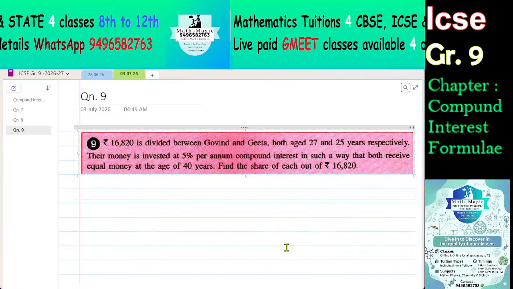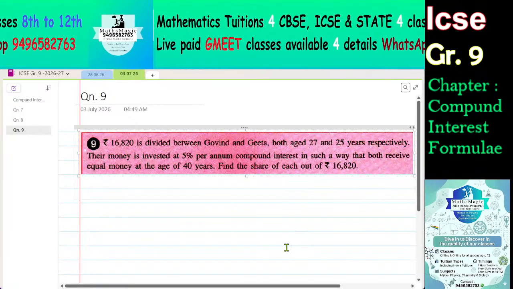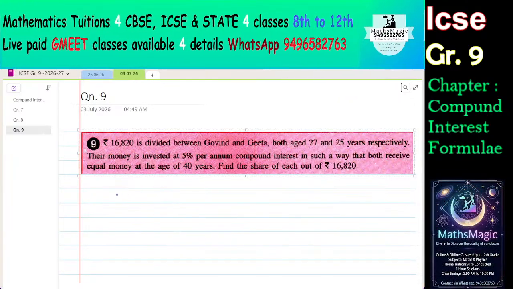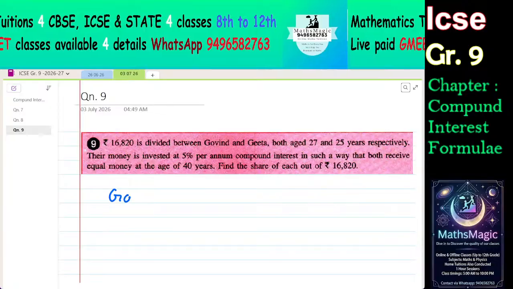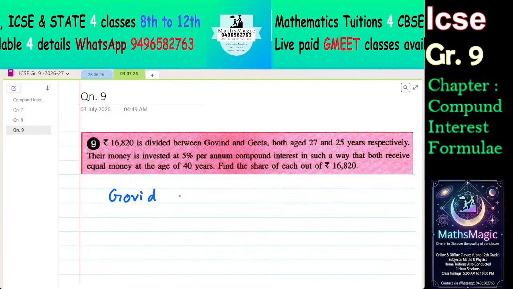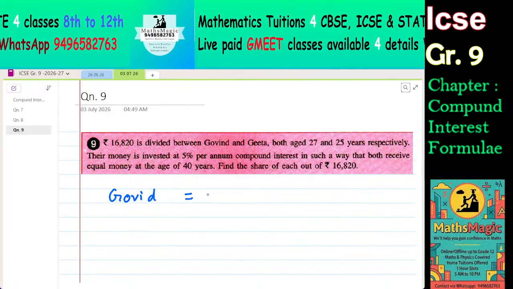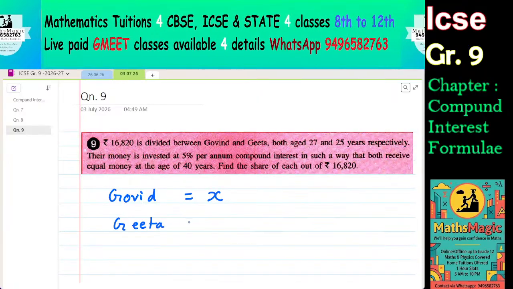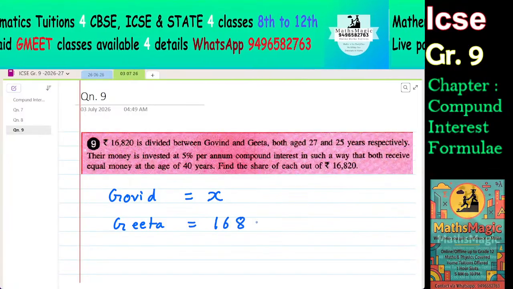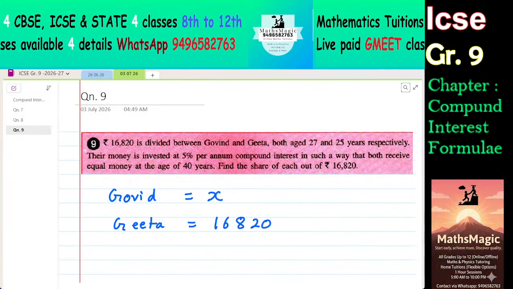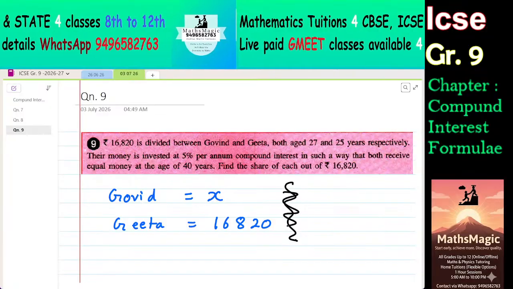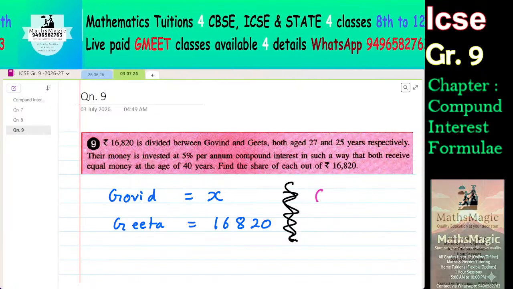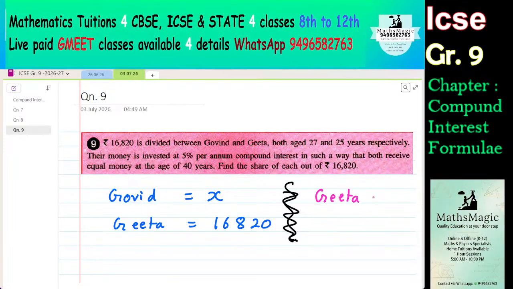So to start with, we have the total amount as 16,820, and if Govind received an amount of say X rupees, Geeta can have the remaining amount, that is 16,820 minus X.